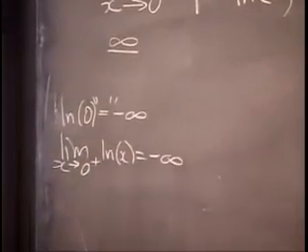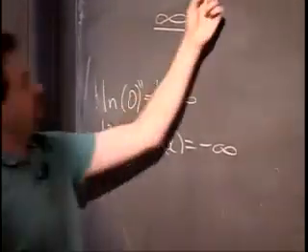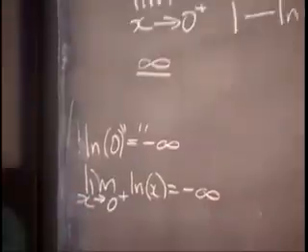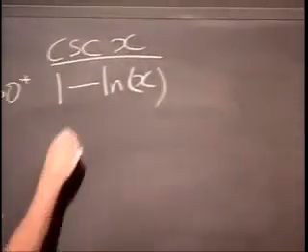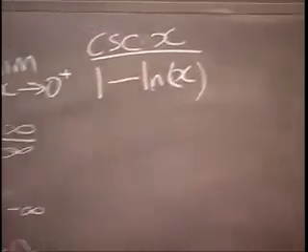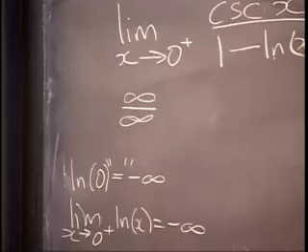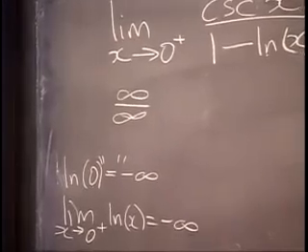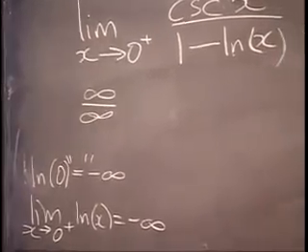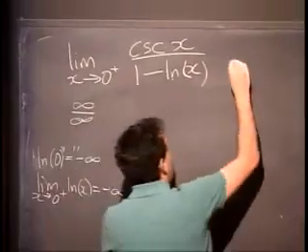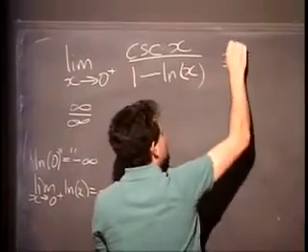But you might as well just learn that when you plug in 0, you get log of 0, that's minus infinity. So, of course, when you take the negative of it, it's plus infinity. So, actually, this is the indeterminate form infinity over infinity. And then you are able to use L'Hopital's rule.